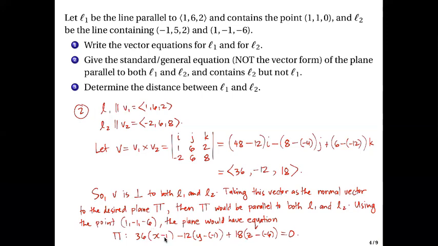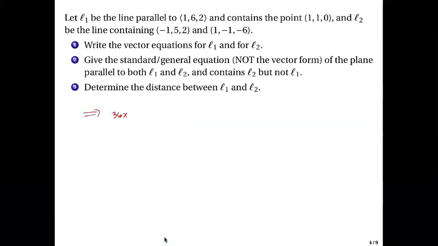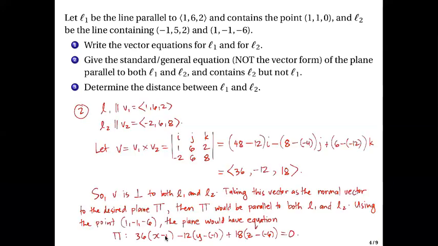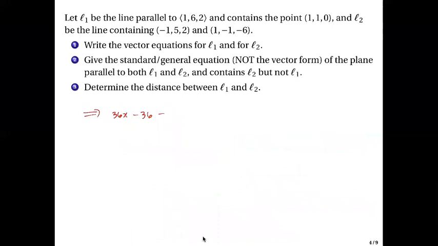So you have 36x minus 36. And then for this, you have minus 12y. And then here you have minus minus, so this is plus 1. So minus 12y minus 12.